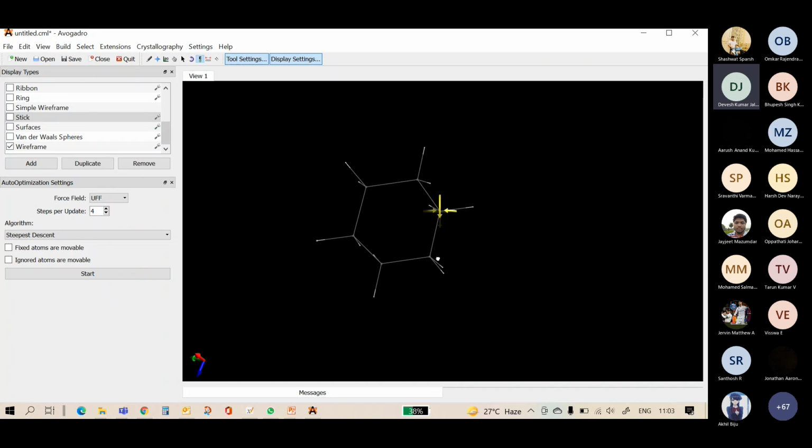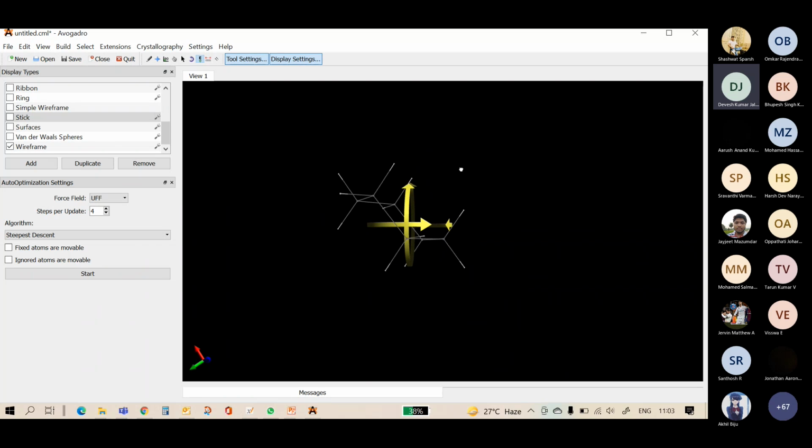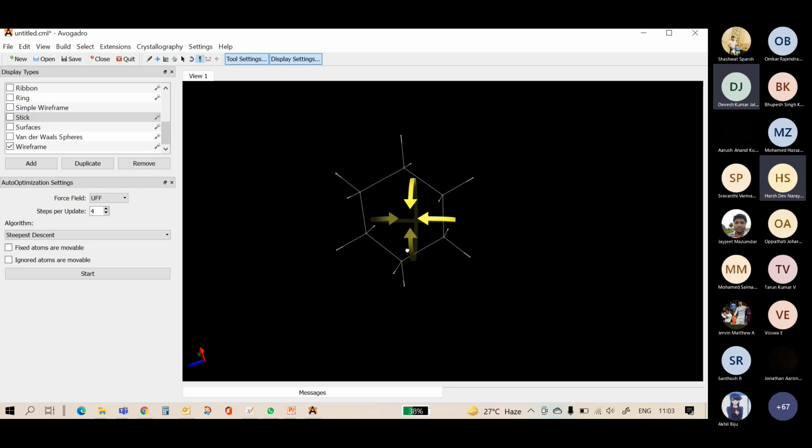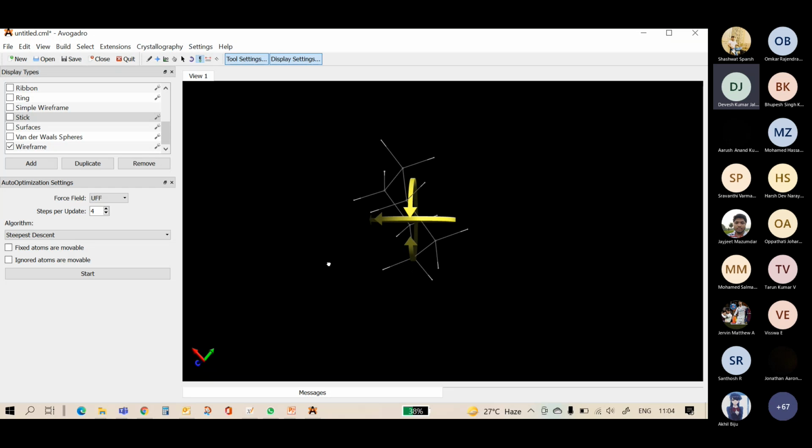So it took us a little bit of time to achieve this by doing some random distortion to the molecule. Does it sound interesting, guys? Yes, sir. So you got your chair conformation. Now, like this, you can verify the shape and structures of simple molecules and some complicated ones as well.